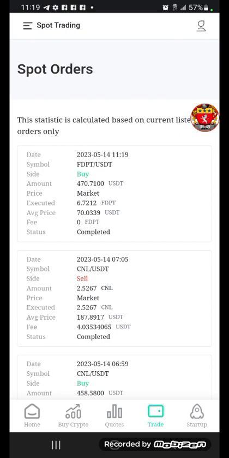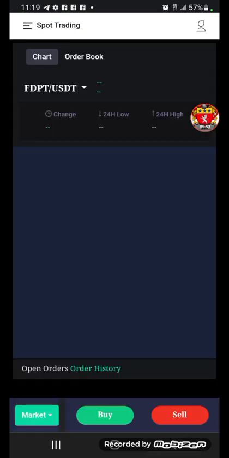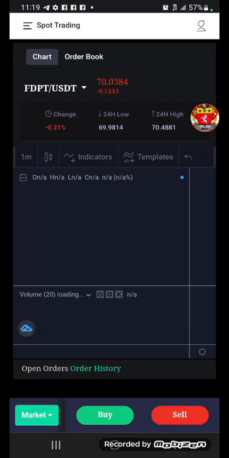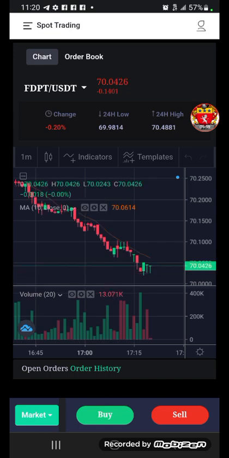Now there's an easier way to hit that target, if you want to hit that exact number, and that's by placing a limit order. But we'll get into that later. So now the sell time is 11:39. That's in 19 minutes.